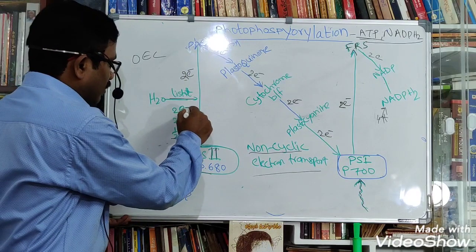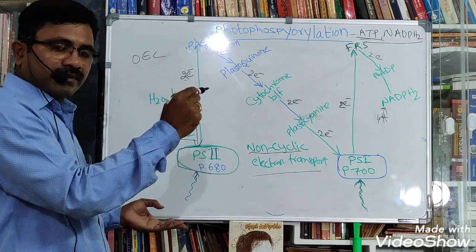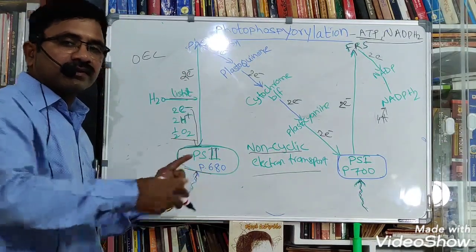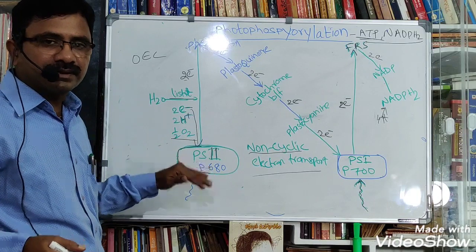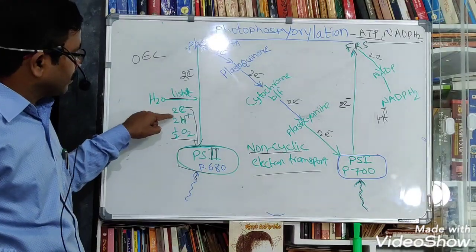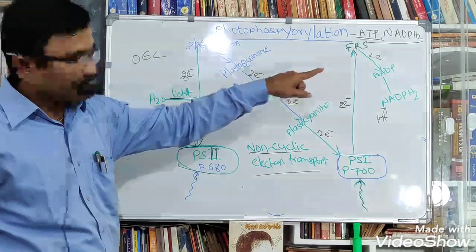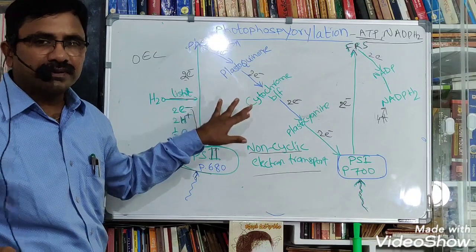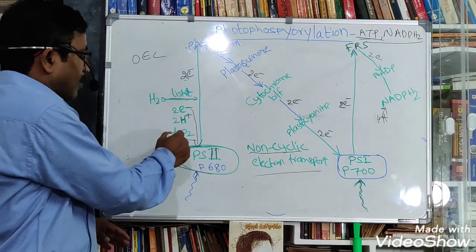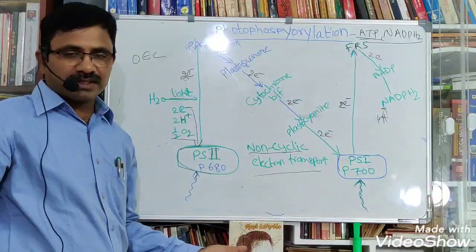These electrons move to PS2, so PS2 restores its reduced state. These protons move to NADP or the lumen of the thylakoids. Molecular oxygen diffuses into the external atmosphere.